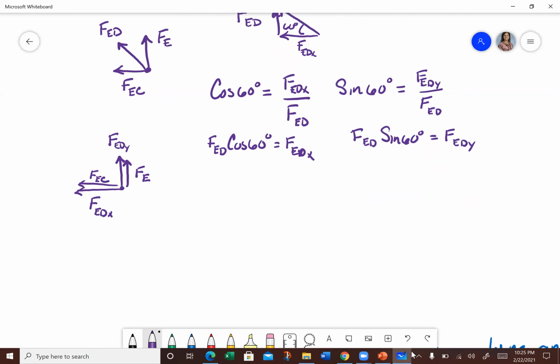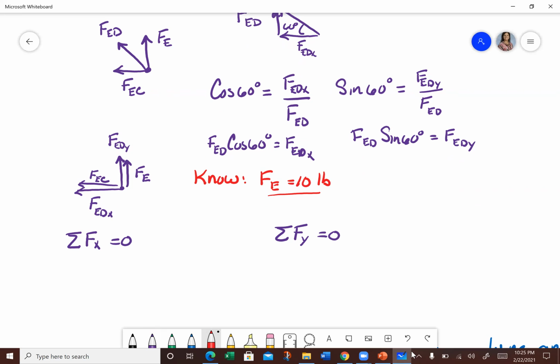If we do summation of forces in the X equal to 0, and summation of forces in the Y equal to 0, remember, list what you know. The one thing we know is FE is equal to 10 pounds, and we know the angle to be 60 degrees.